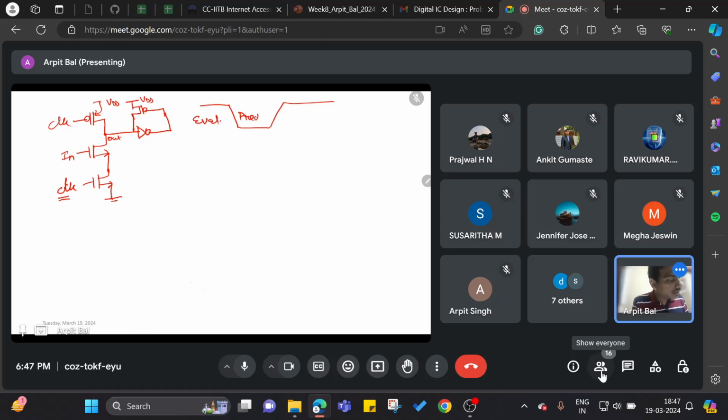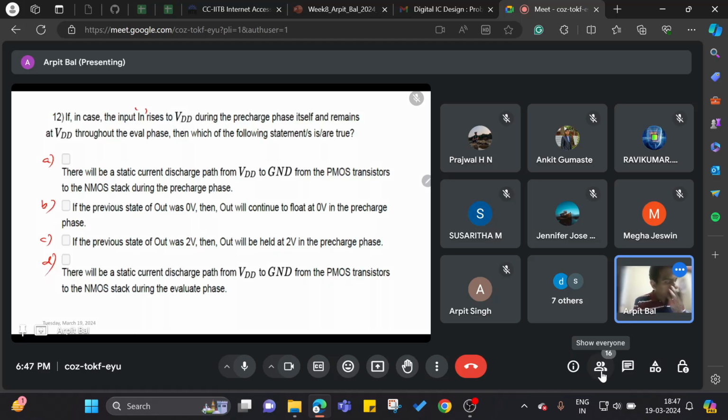This is my pre-charge phase. This is my evaluation phase again. So during this pre-charge phase, my NMOS is cut off. Because of this reason, we do not have any current path from VDD to ground. Okay, so this option is not correct.